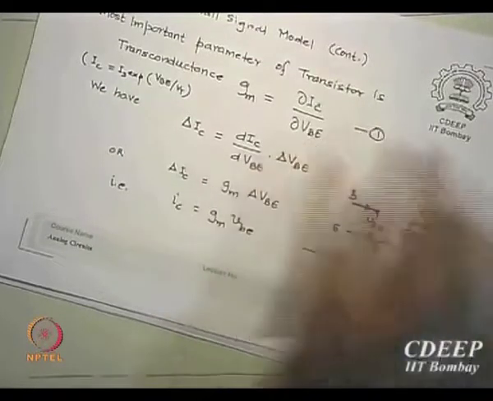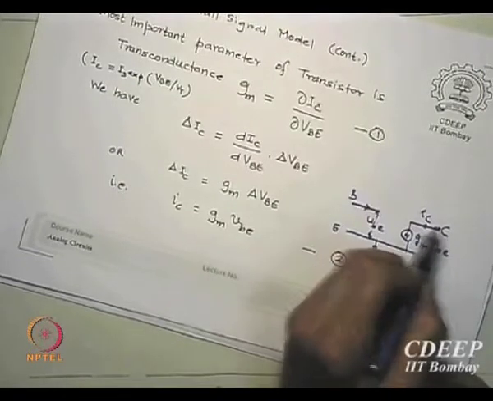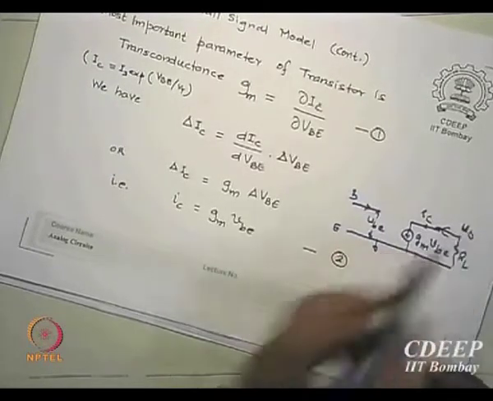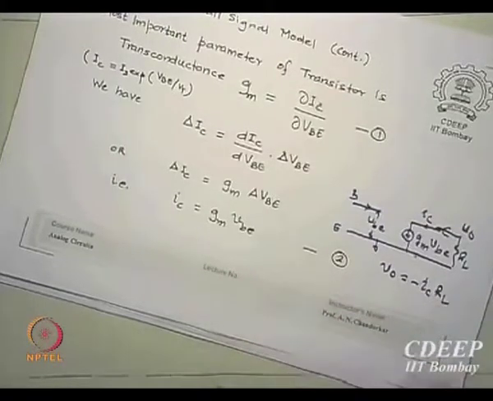Now if this IC current flows through a resistor, IC times that RL will be the output voltage, is that correct? So if I apply a resistance here which is a load, then V0 is essentially minus IC RL. Okay, why minus? Because our current GMVB has the opposite sign, so it is minus IC RL.